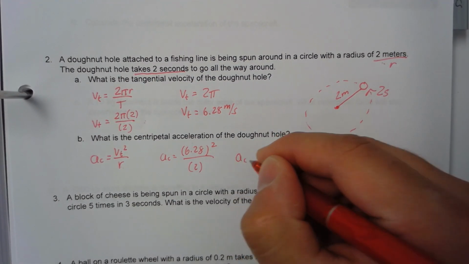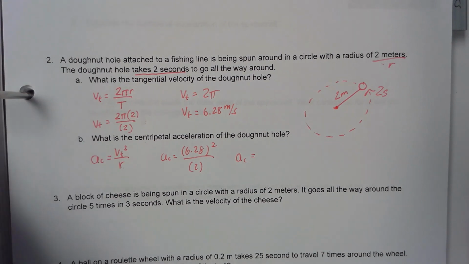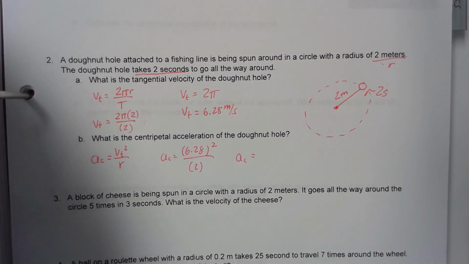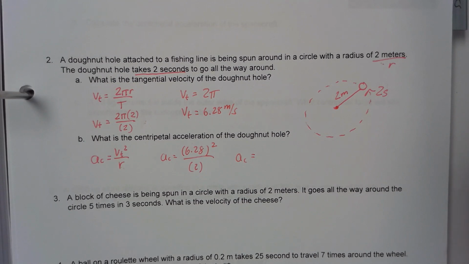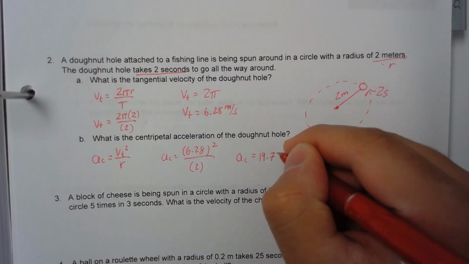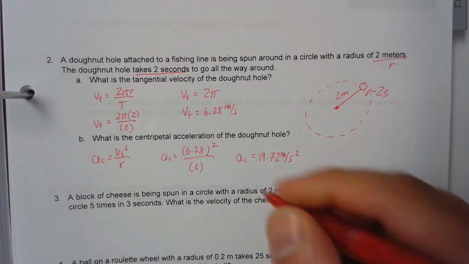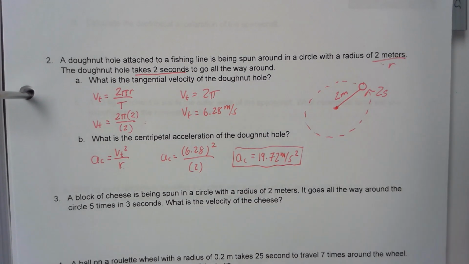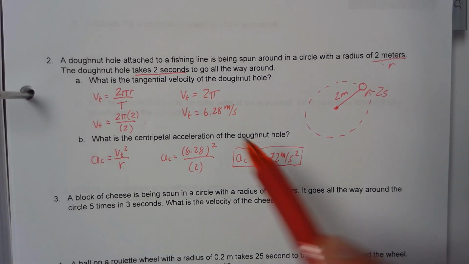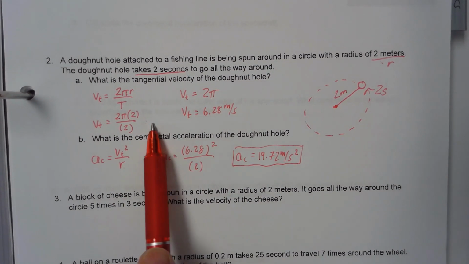Give me just a second while I calculate it. And again, feel free to plug this into your calculator. I am not at all expecting you to be able to do all of this in your head. It works out to be 19.72 meters per second squared. Okay? So we use multiple equations. We also have to be able to reason through this up here.